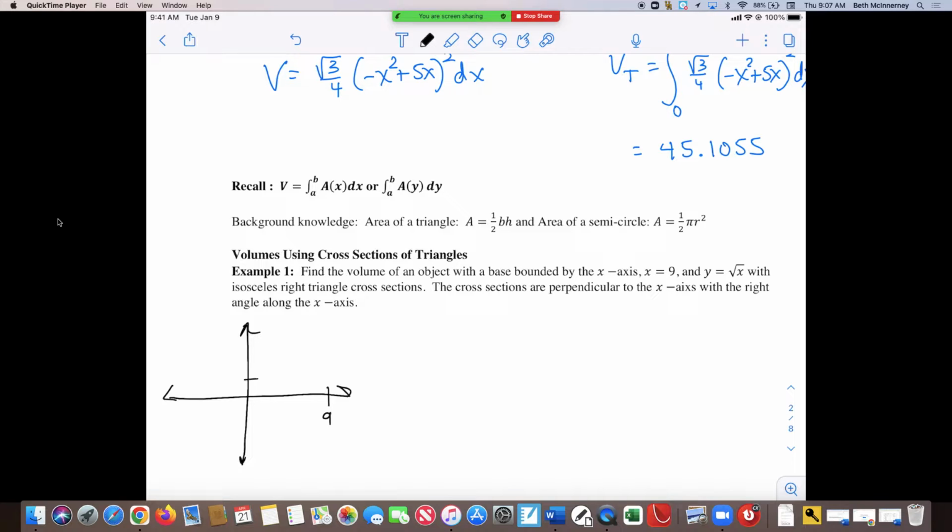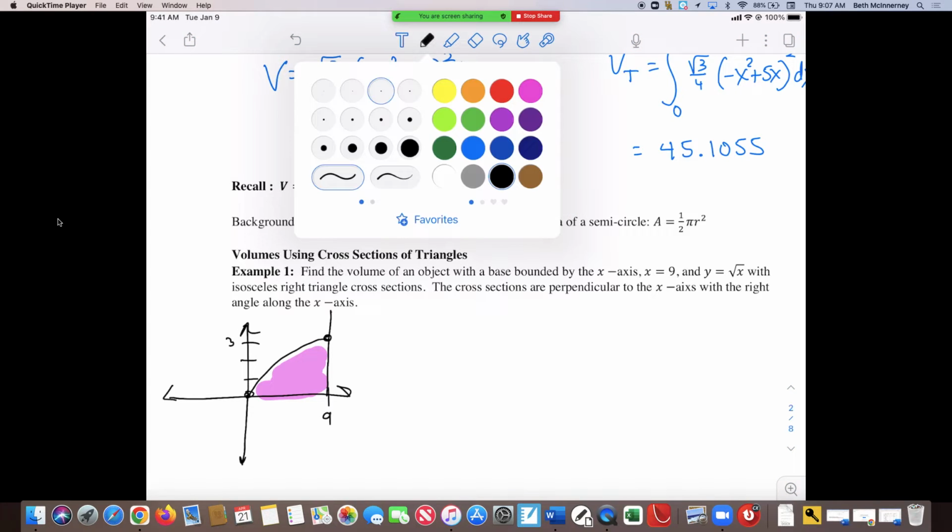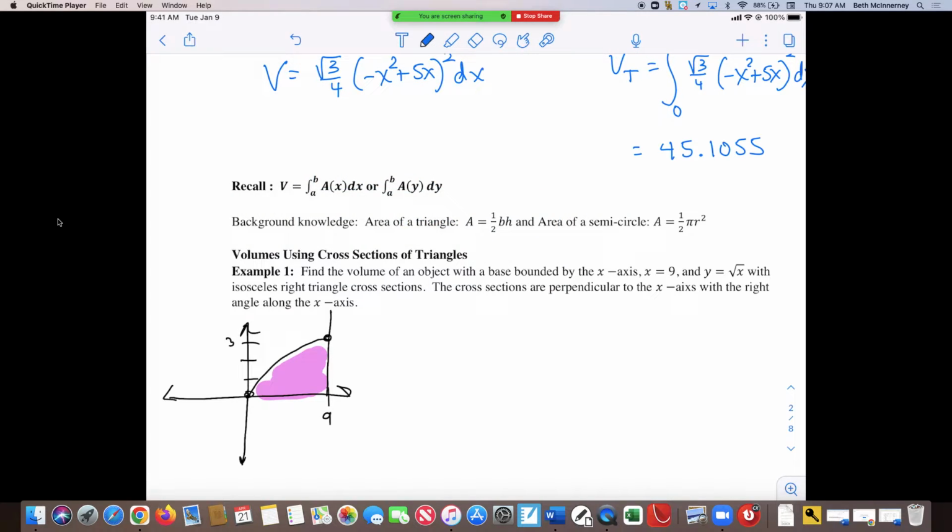So I'm going to go ahead and start this one. Here's my square root function, and I have the vertical line x equals 9. So I am talking about this region, and I do want the cross sections perpendicular to the x-axis, so that's dx.